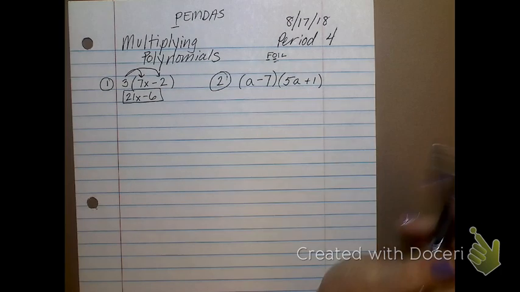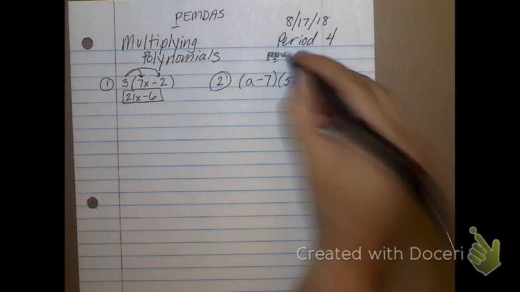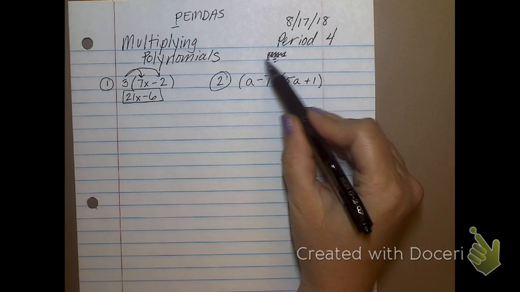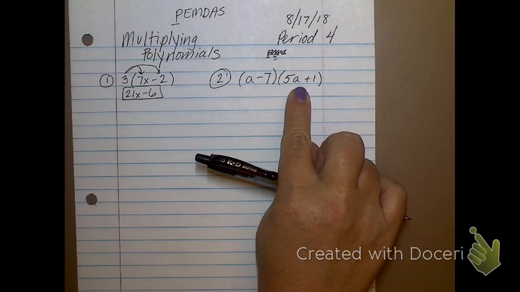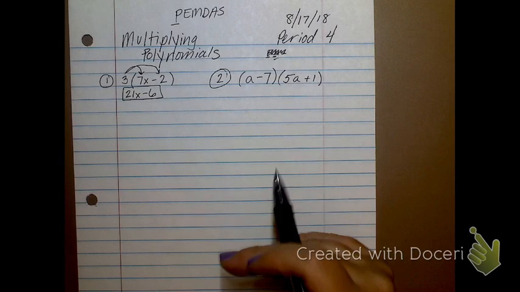Okay? If you haven't heard that word, it's totally fine. Because I'm going to call it the distributive method. Because that acronym only works when you have 2 terms and 2 terms. And we're going to be doing things that don't just have 2 terms and 2 terms. Okay? So it's really a distributive property way of multiplying.